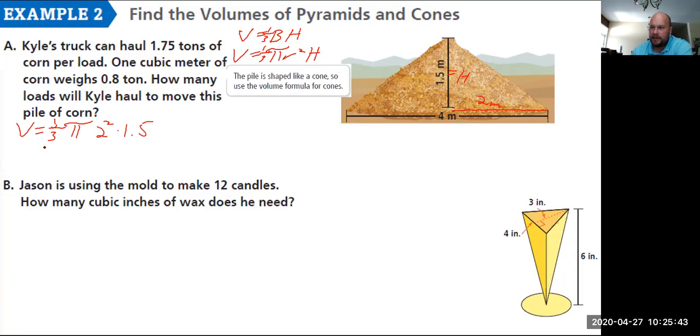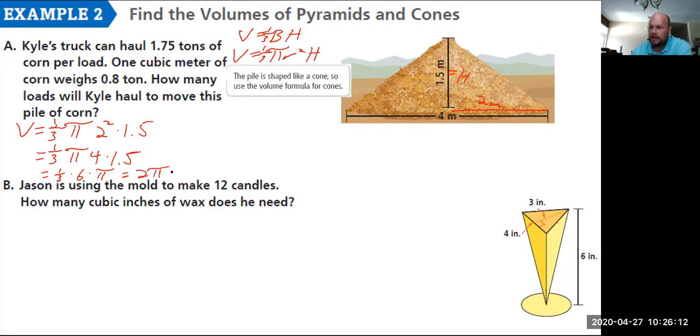So we can simplify this. We have 1/3 pi, 2 squared is 4, and then 4 times 1.5 is going to be 6. 6 times 1/3, well, that's the same thing as saying 6 divided by 3, so that's 2.